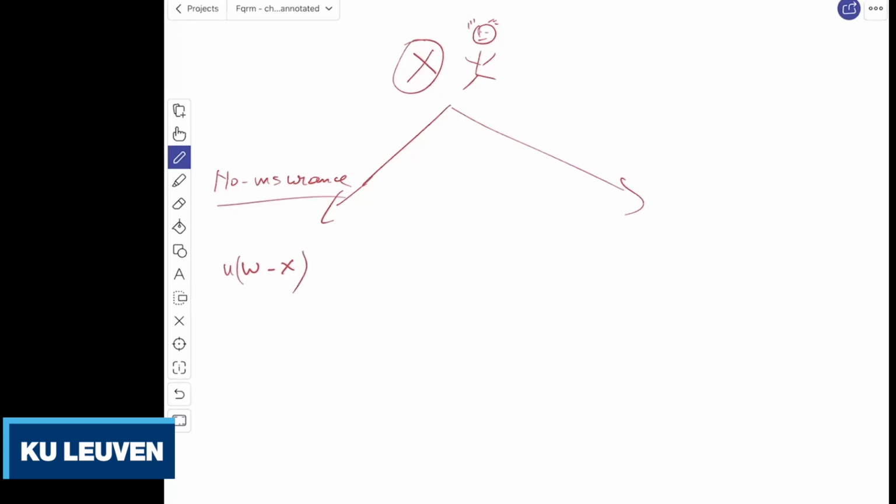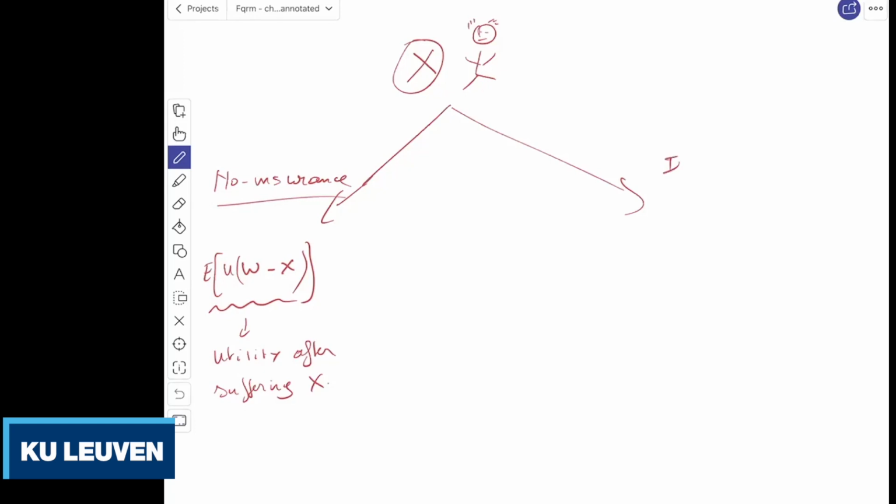And X is a random variable. You don't know what exactly X will be. Can be 0, can be very large. So the utility that you will reach after suffering the loss X is also random. So we take an expectation. We look at this expected utility. So this here is the utility of the individual after suffering the loss X. Right? What you expect to get for utility after you suffer the loss X.